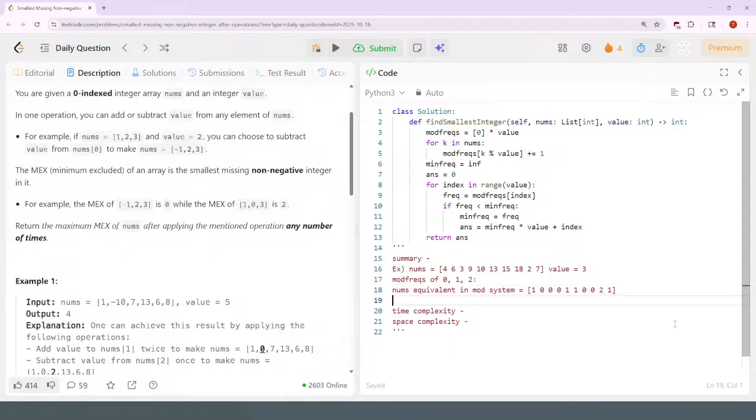Okay, so then the mod frequencies of 0, 1, 2 would be: there's 5 zeros, 4 ones, and 1 two.